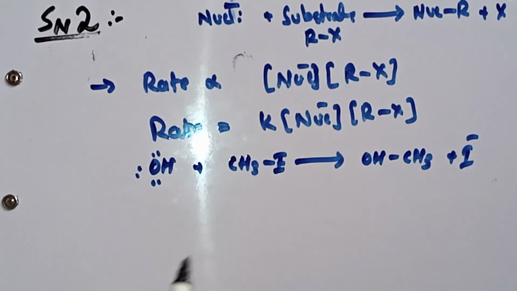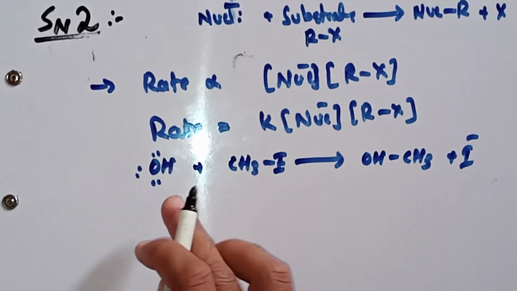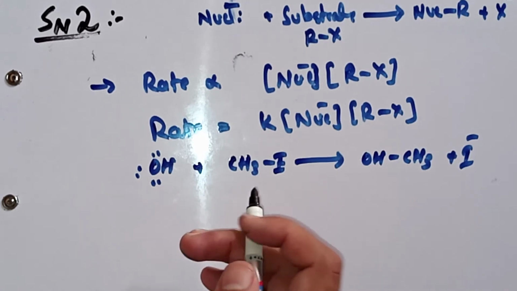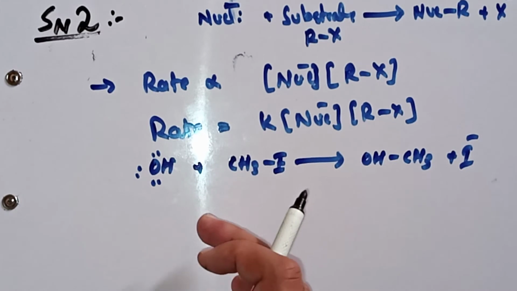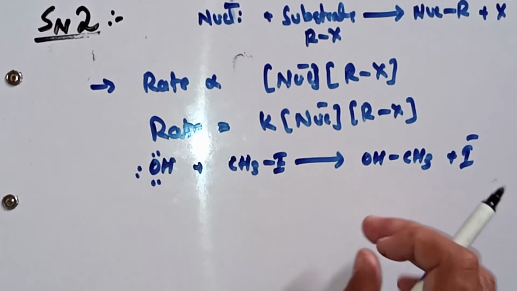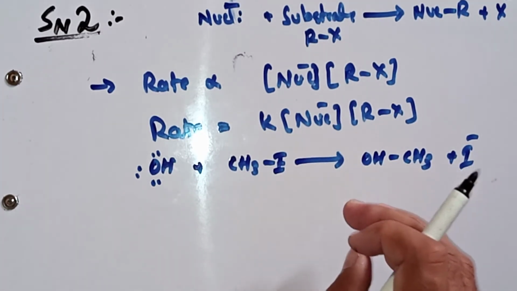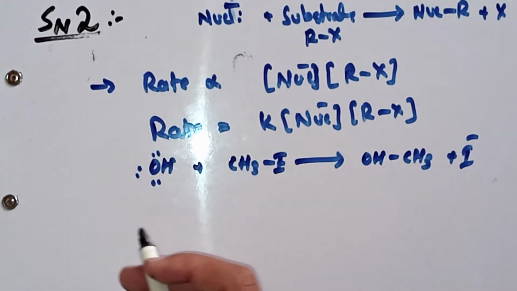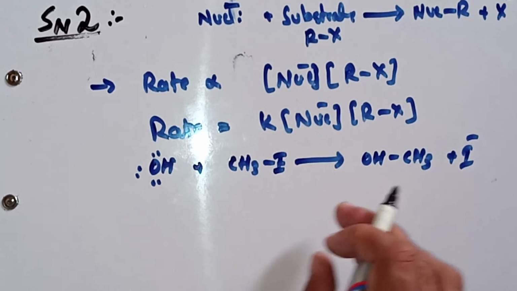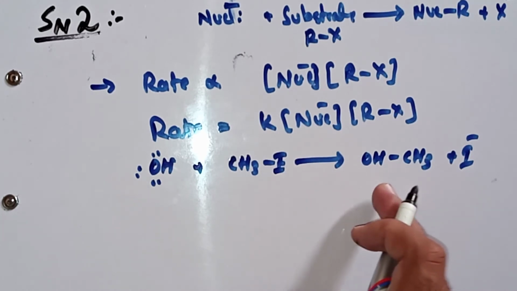For this reaction, experimentally, the rate can be defined as the formation of product per unit time, or the increase in the concentration of product per unit time.